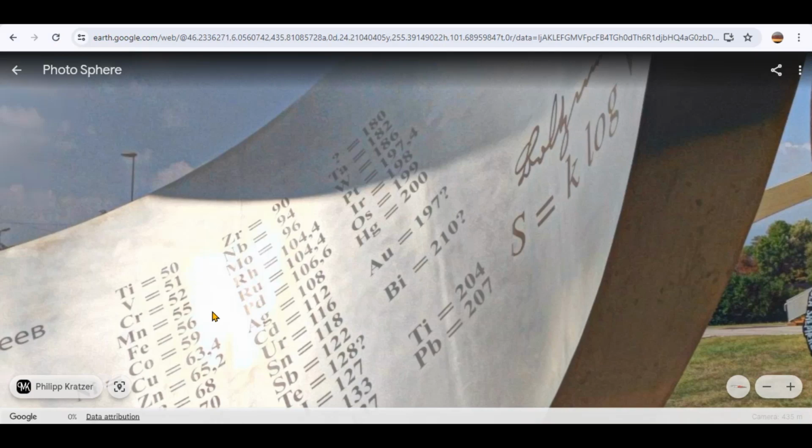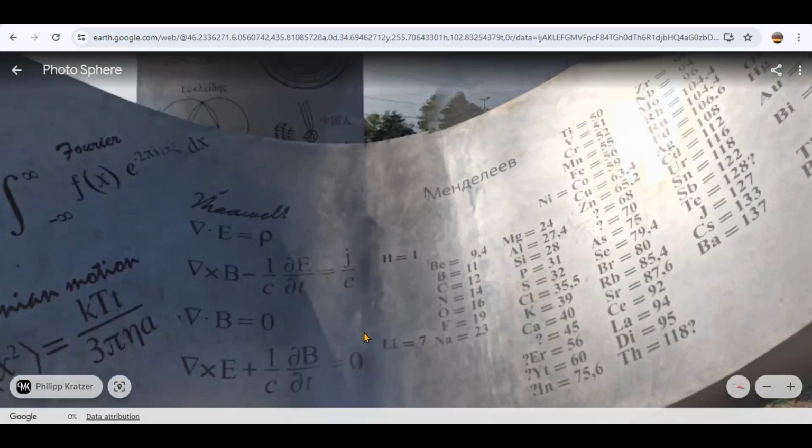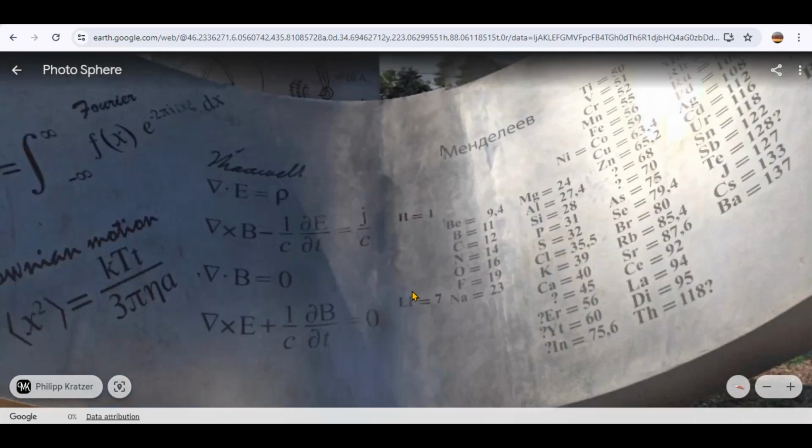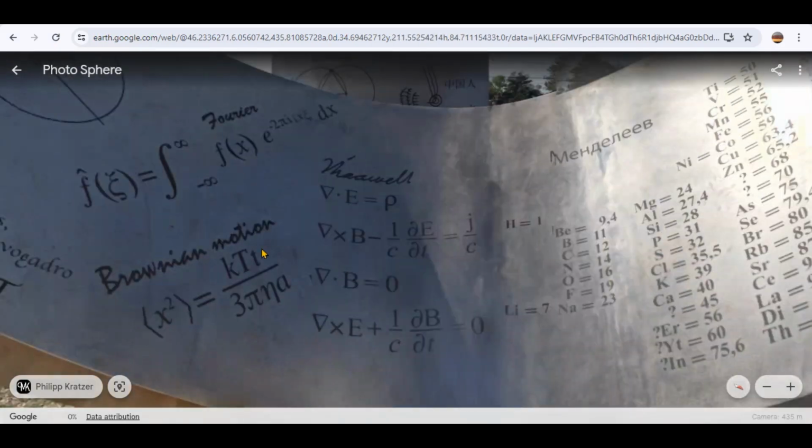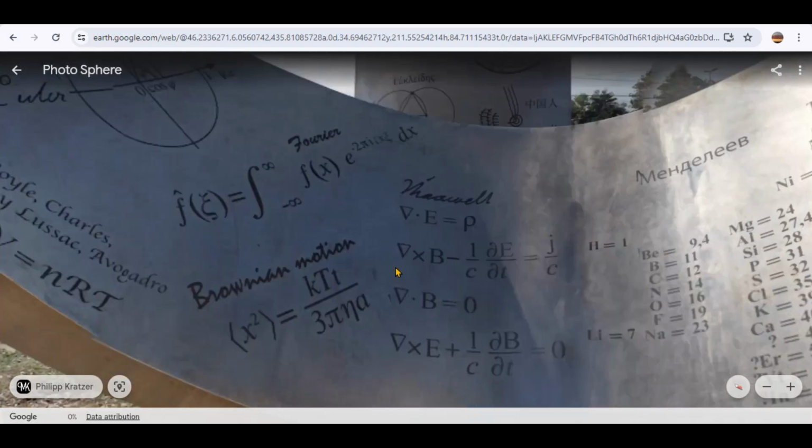So, based on that, we understand that their model would be a globe model, as the globe model is based on the Big Bang Theory. So, one leads to the other.